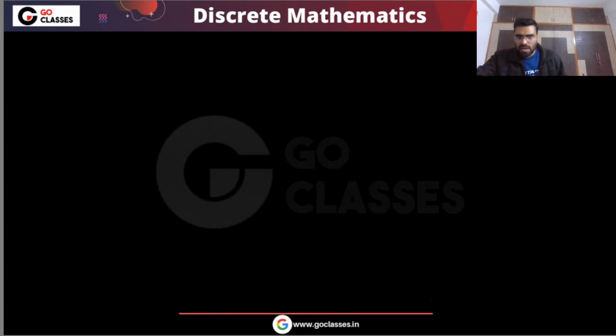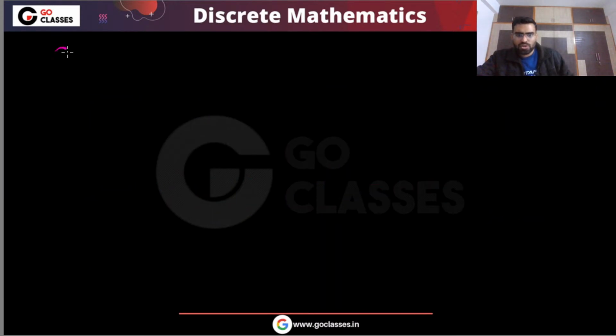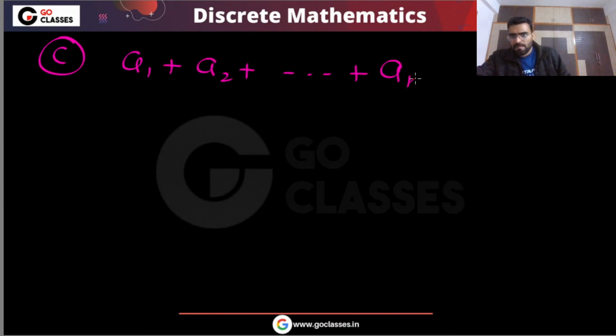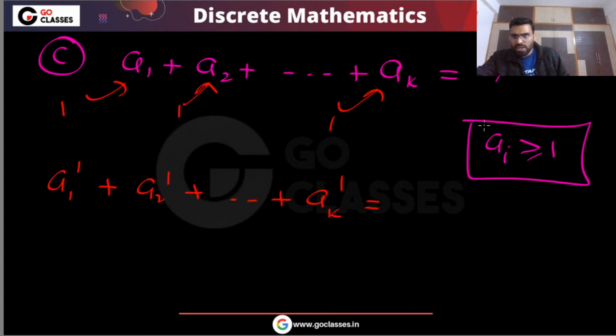And what is the answer for option C? Option C is the sum of k positive integers. So basically it's like this: a1 plus a2 plus up to ak equal to n. Again, remember each ai is greater than or equal to 1. So what should I do? To each ai I should give 1 directly. Then you will get a1 dash plus a2 dash plus up to ak dash equal to, how many are remaining?